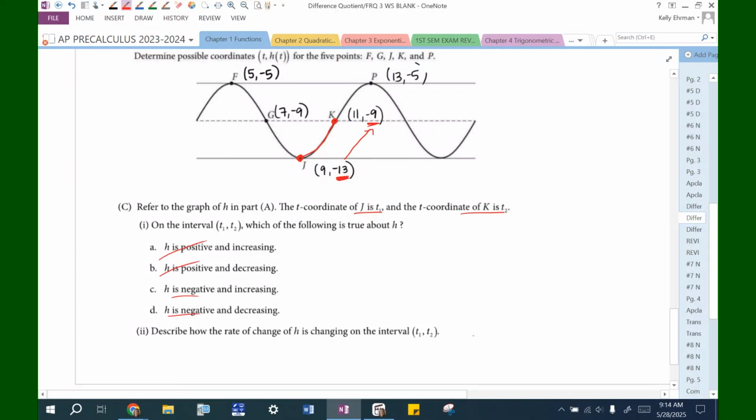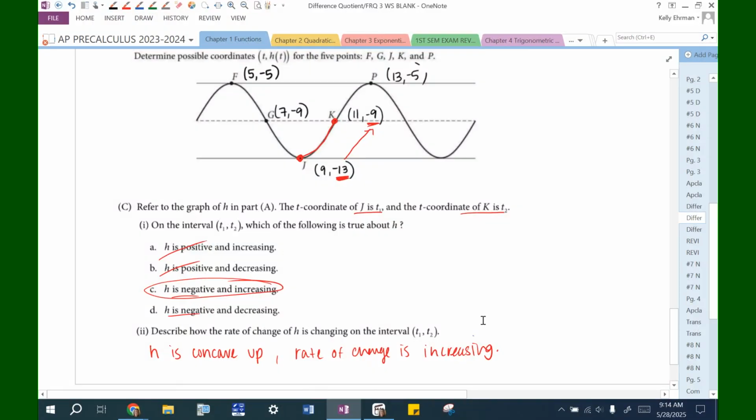I'm crossing out A and B. And we're on a section that's going up, so increasing. Now what about concavity? This section is concave up. So I'm going to say H is concave up. Rate of change: concave up goes with rate of change increasing.